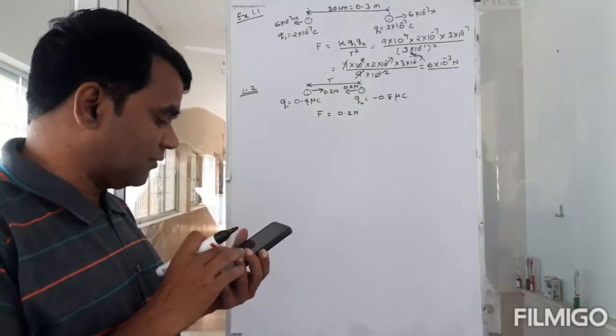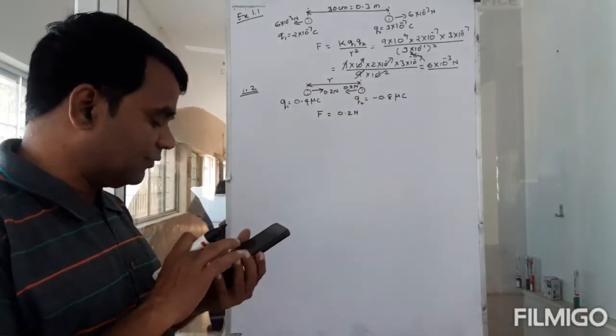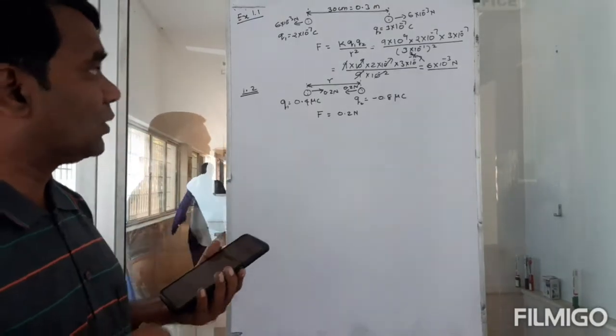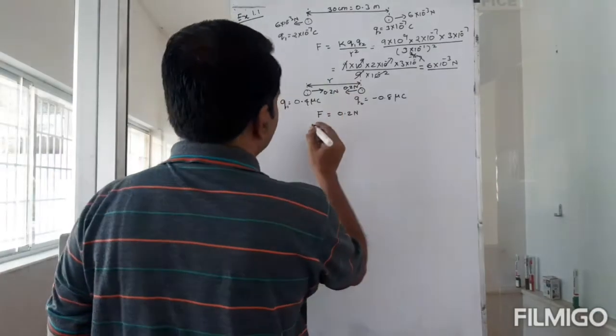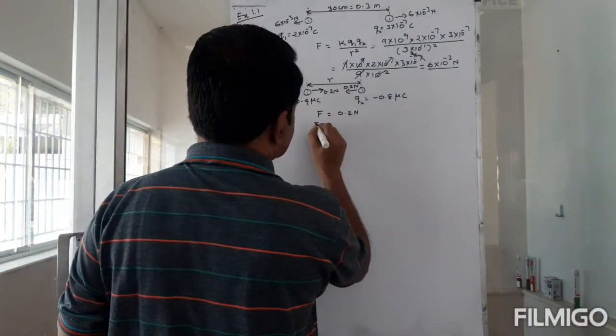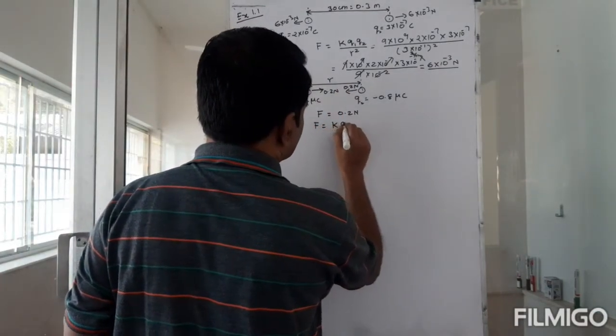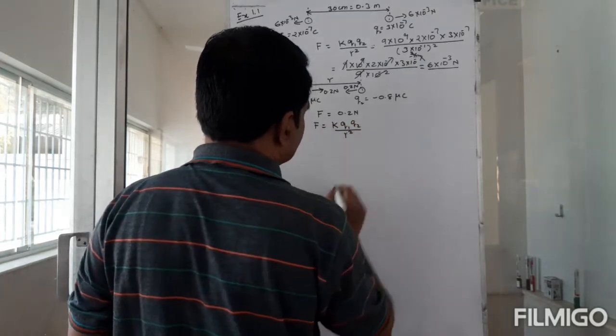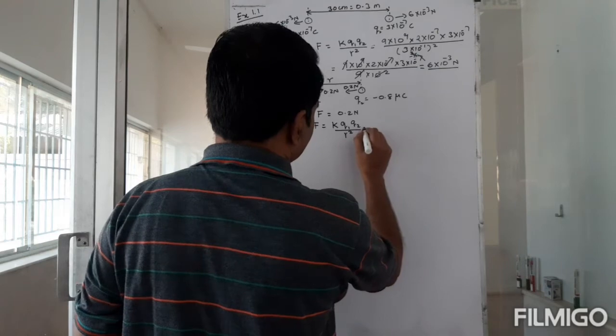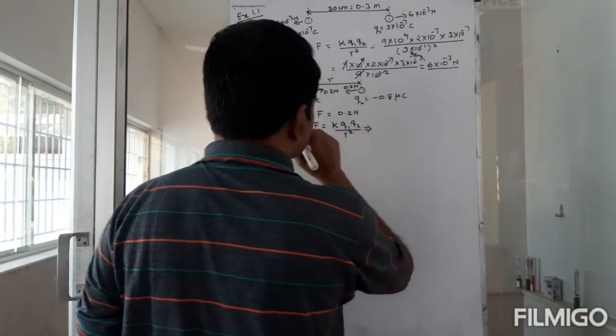Then what's the first part of the question? The first part of the question is, what's the distance of separation between them? That's easy again, right? So the force is given by the expression k Q1 Q2 by r squared. So what is the force?